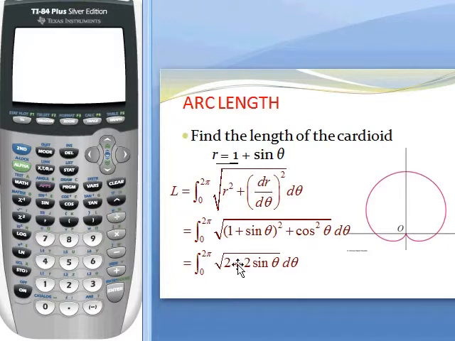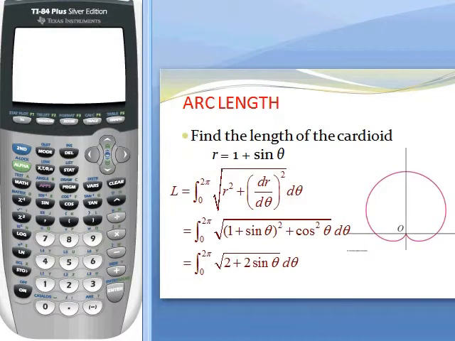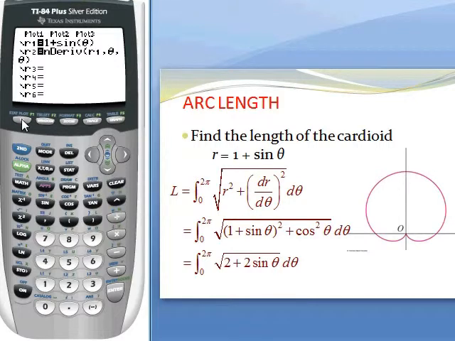If you do it by hand, you get this, and you can use methods to figure it out. But let me do it with my graphic calculator. So I know that r equals 1 plus sine theta, so I will enter that: 1 plus sine theta.